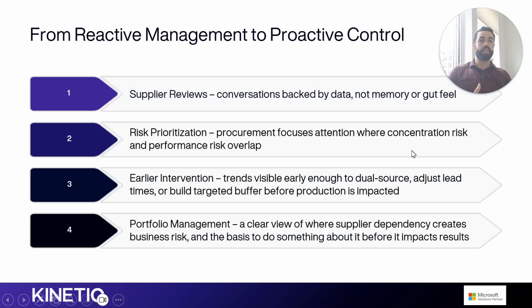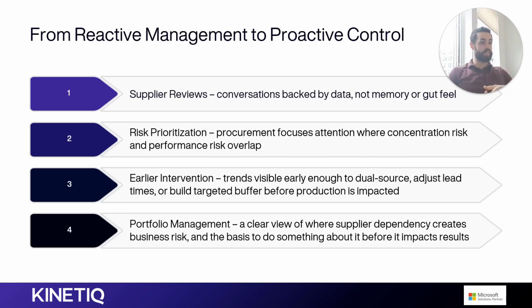So the idea is that you take your team on a journey and you're going from reactive management to proactive control. Your supplier reviews, those conversations, are backed by data, not just memory. You can prioritize risks. The procurement folks can focus their attention where there is concentration and performance risk overlapped. You can intervene earlier when trends are visible early enough.